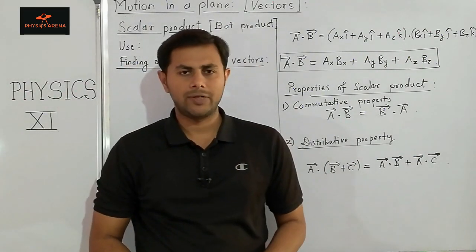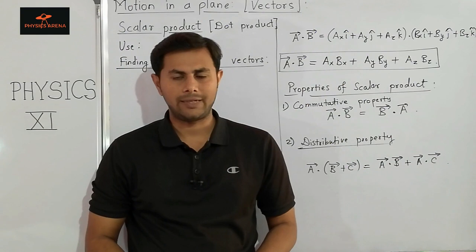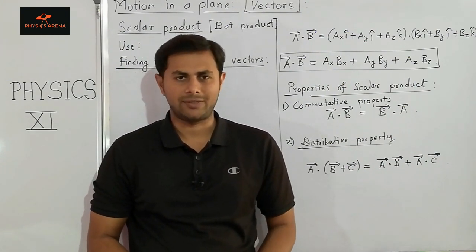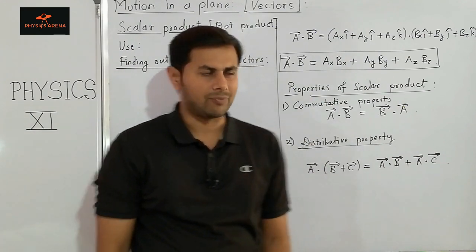So suppose you are given two vectors, let's say a bar and b bar, and we have to find the angle between the vectors. So how can we use scalar product for that?